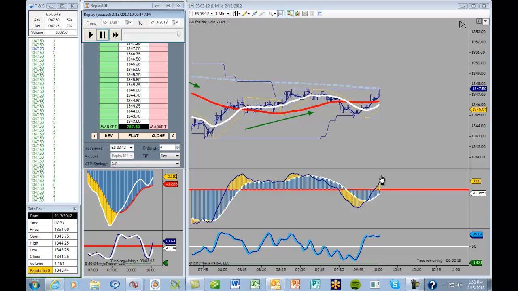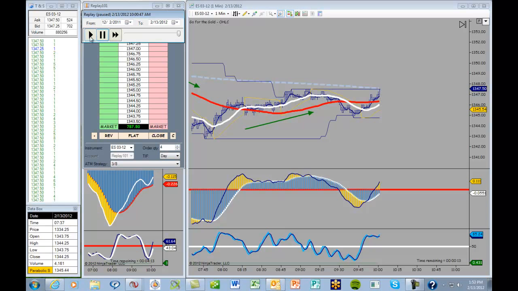Okay, now we're up against what is now support here. It was resistance earlier in the day. Looking very bullish here, and that means bullish over here. On the short term, we've got the stochastic heading up. We're not quite touching the red here yet, so it'd be very aggressive for us to get in here right now.